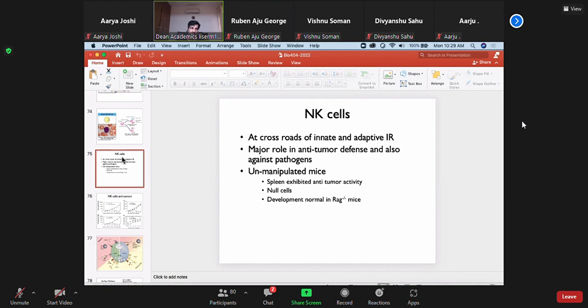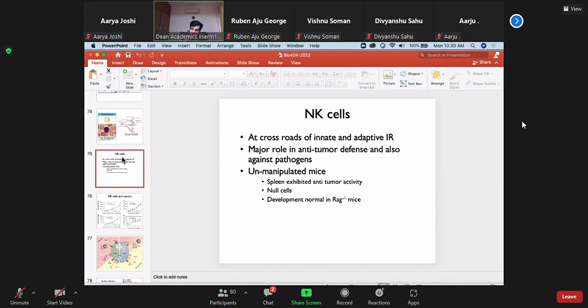In these animals, if you take out this organ, the spleen, and make a single cell suspension from splenic tissues, those single cell suspensions that you have prepared from these animals will exhibit some cytolytic activity.